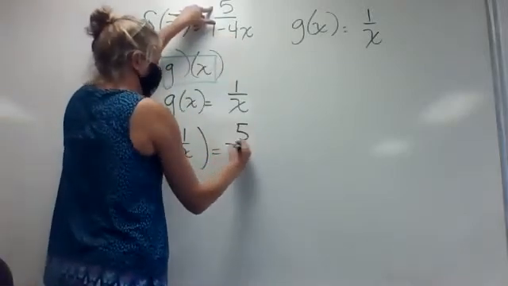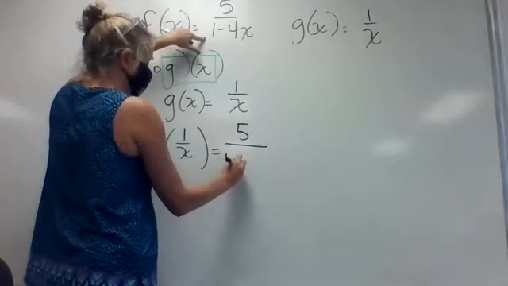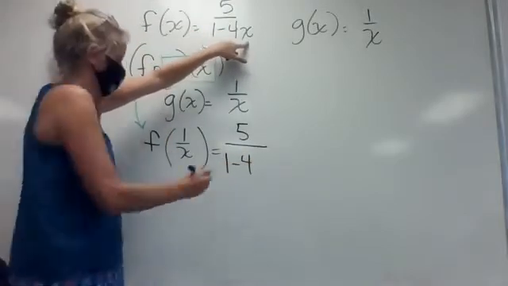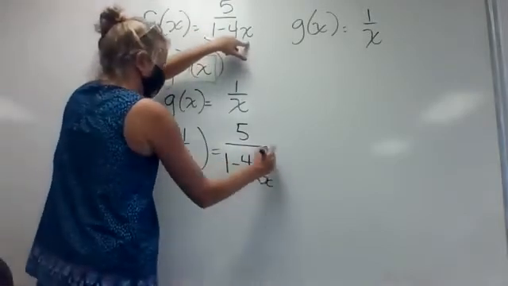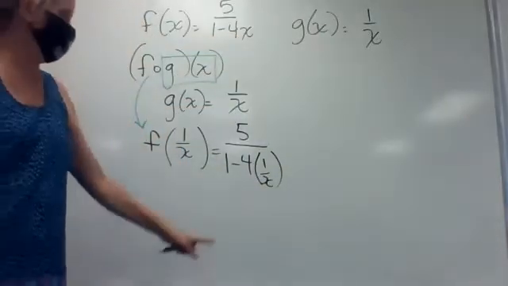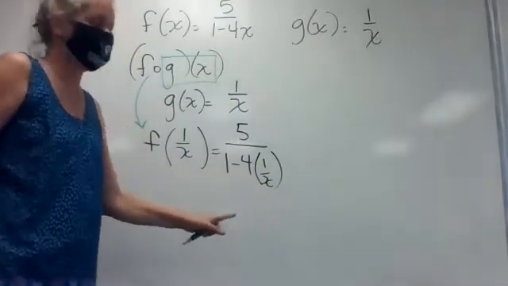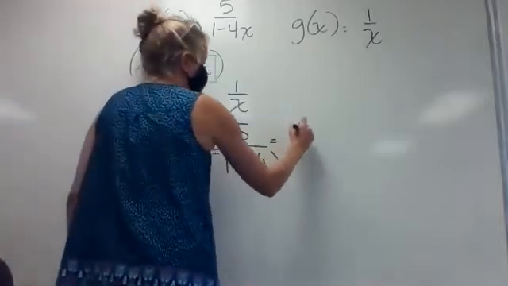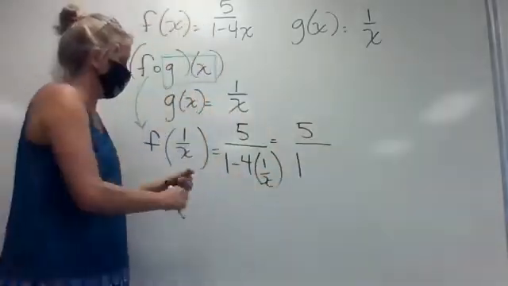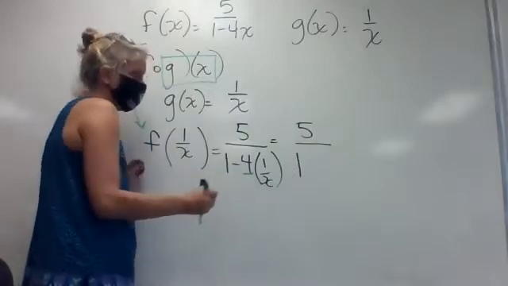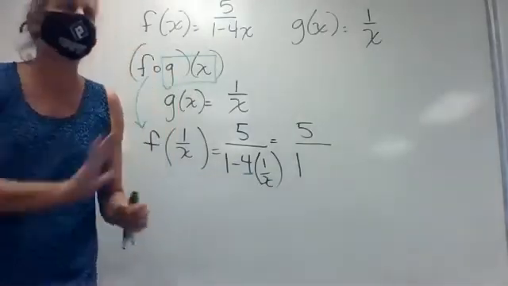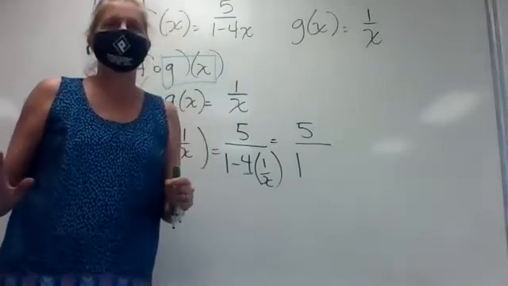I have 5 over 1 minus 4 times 1 over x. So I am going to multiply that. So now I have 5 over, just bring down that 1. Now, when you multiply fractions, remember, multiplying fractions is the easy math to do with fractions because I don't have to worry about common denominators or anything like that, right?